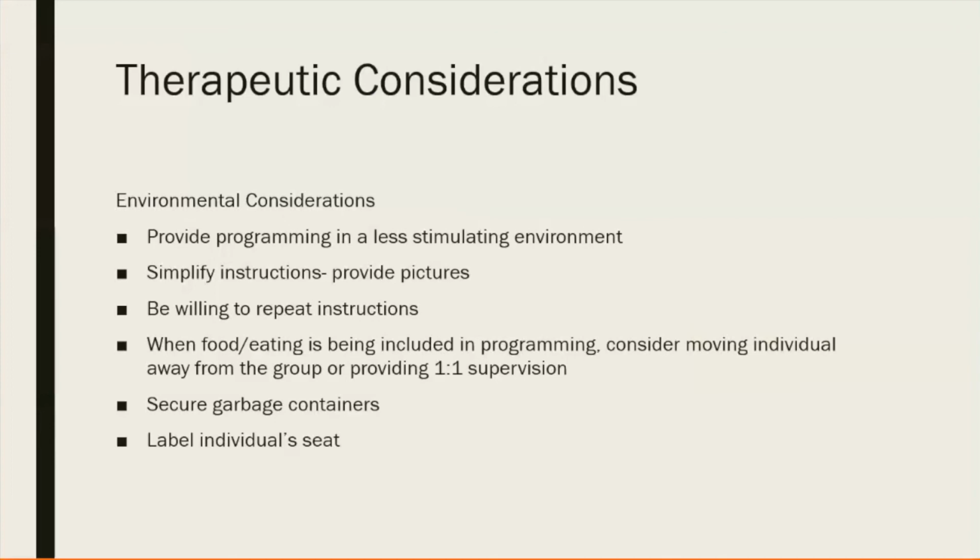Also a side note too, you might want to laminate pictures if you're using them, because people can drool a lot with FTD. Be willing to repeat instructions. Just be willing to repeat yourself in different phrasing if necessary, in a different volume, with a different manner of speech. We have to be very patient with people.